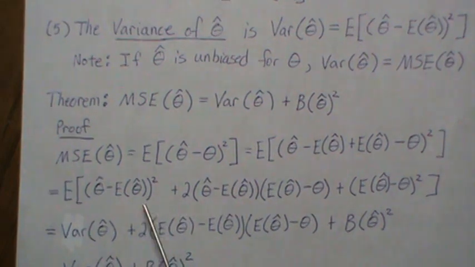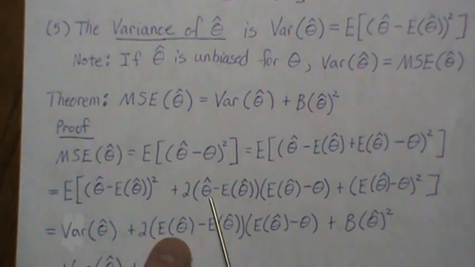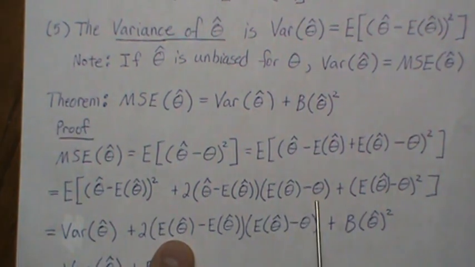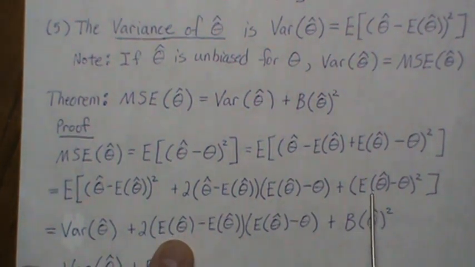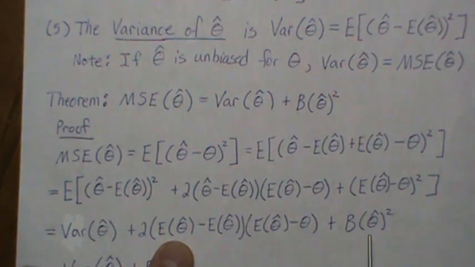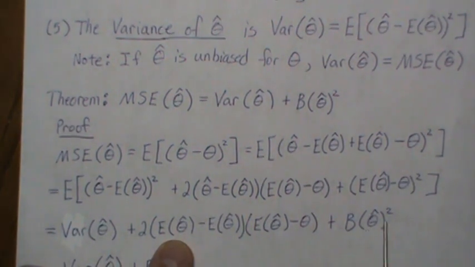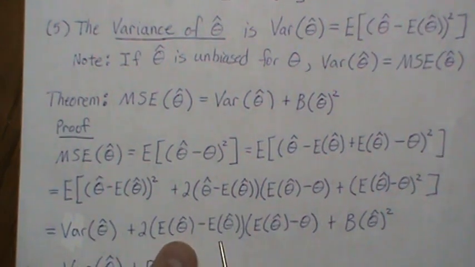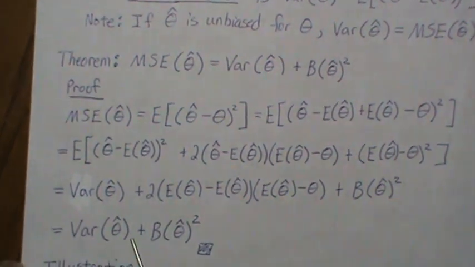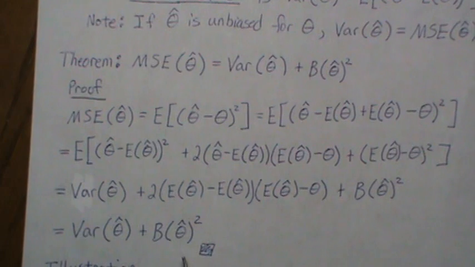So when we take this expected value in right here, the rest are constants. And then the expected value of theta hat minus theta is the bias, and that's squared, so it's bias squared. But look at this term right here, expected value of theta hat minus expected value of theta hat. That's 0. So this term goes away, and what's left is the variance plus bias squared.